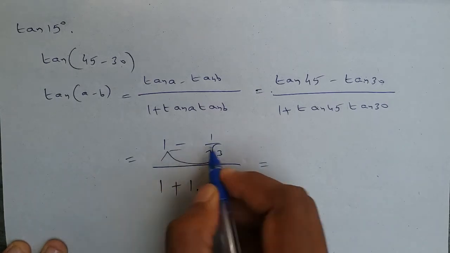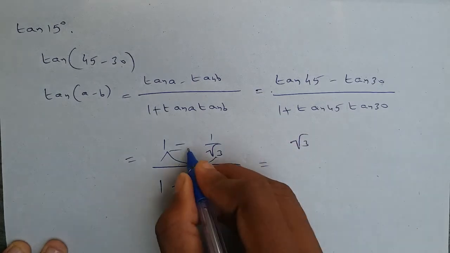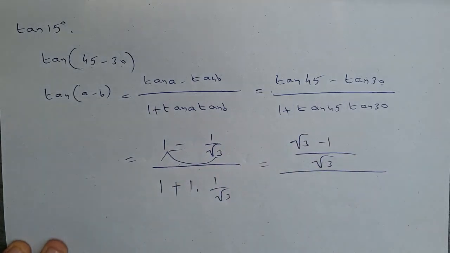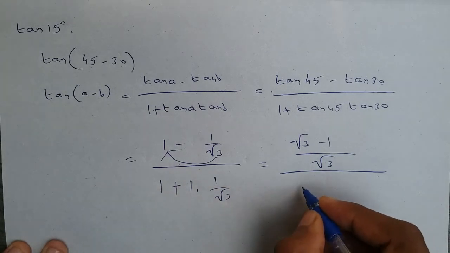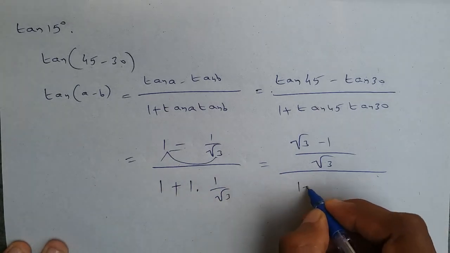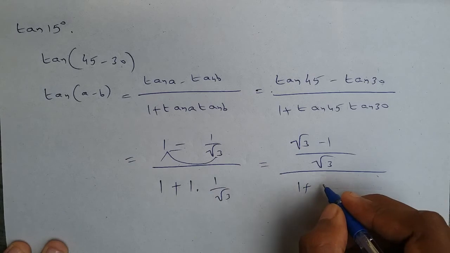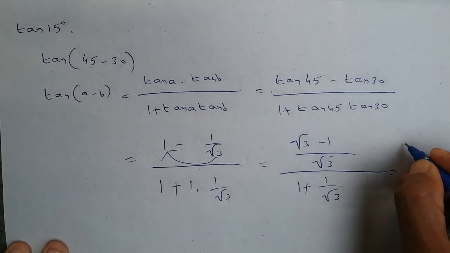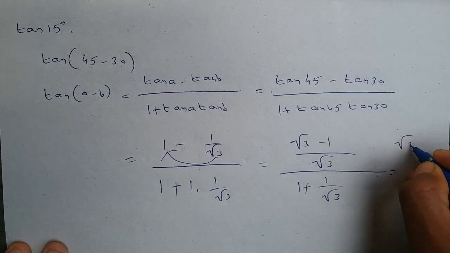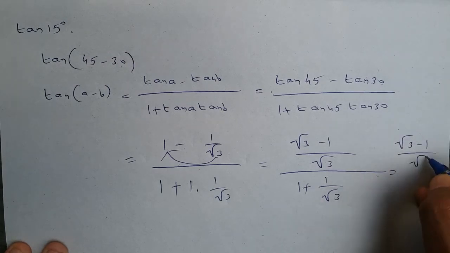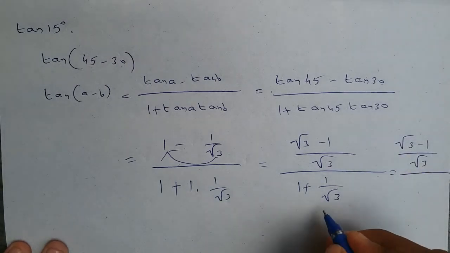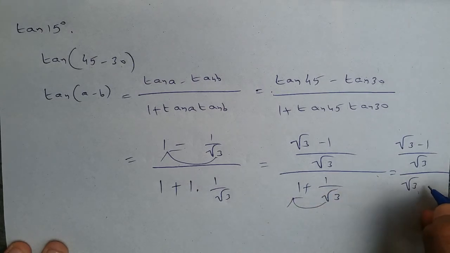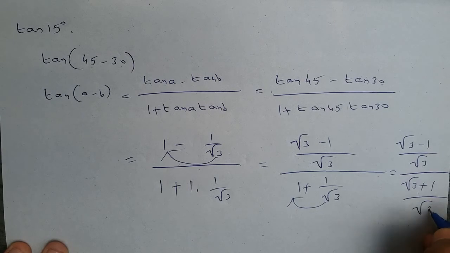Root 3 into 1, root 3, minus 1, divided by root 3, whole divided by 1 plus 1 into 1 by root 3, 1 by root 3 again. Next, numerator I am writing as it is, that is root 3 minus 1 divided by root 3, whole divided by root 3 into 1, root 3 plus 1, root 3 plus 1 divided by root 3.